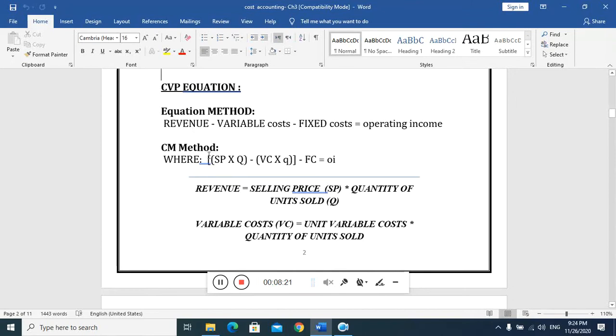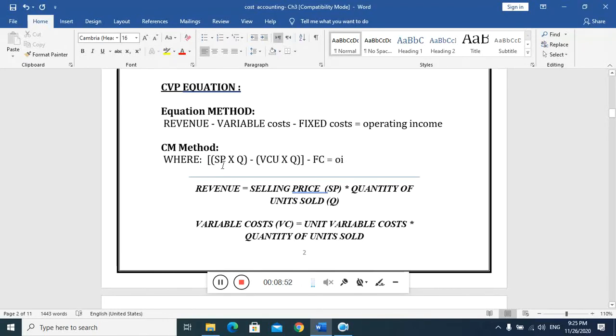Revenue equals selling price multiplied by Q units sold, minus variable costs per unit multiplied by Q, minus fixed cost, equals operating income.